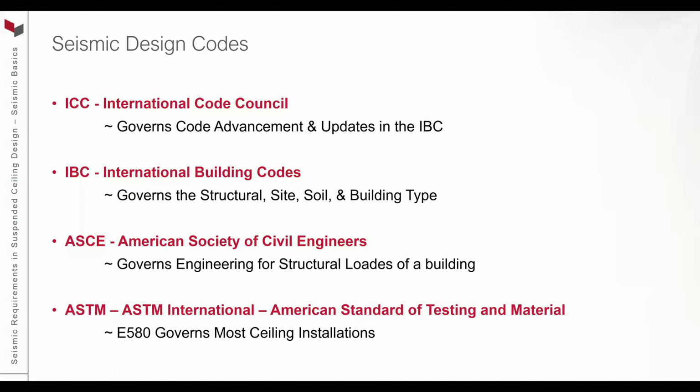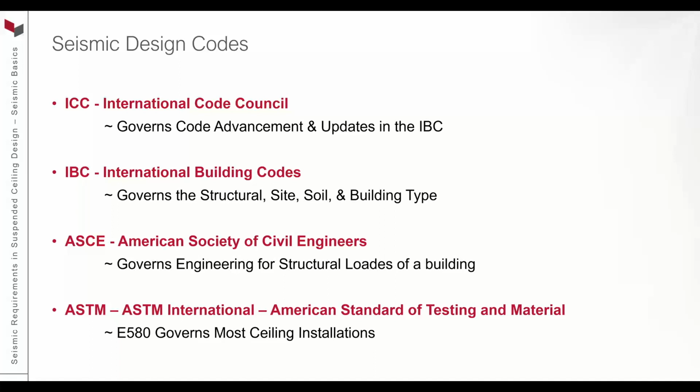It allows for other organizations or code bodies to participate and help in its design as well as its inspection, making sure that everything is done right. So under the ICC is the IBC, the International Building Codes. So the IBC is in direct relation.